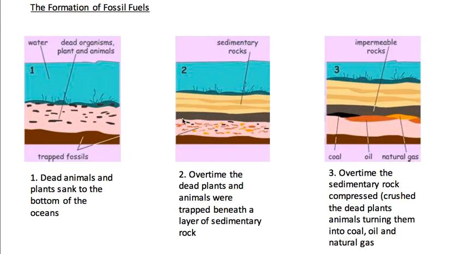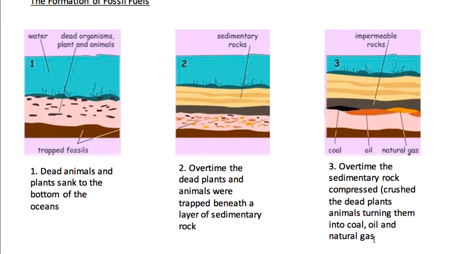So the dead animals and plants sink all the way down to the bottom of the ocean. Then other stuff starts sinking down on top of them, and it gets compressed, it gets squished at the bottom of the ocean. That's stage 3. Over time, the sedimentary rock gets compressed, and the dead plants and animals beneath it get compressed, and they get turned into coal, oil, and natural gas.